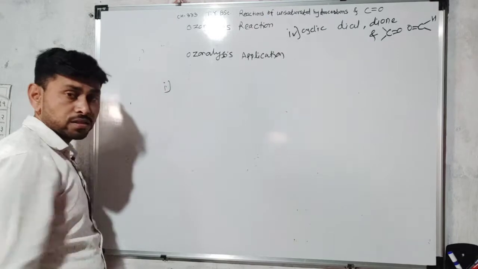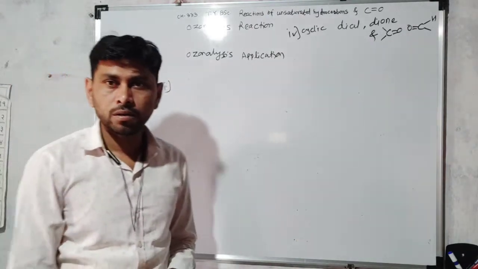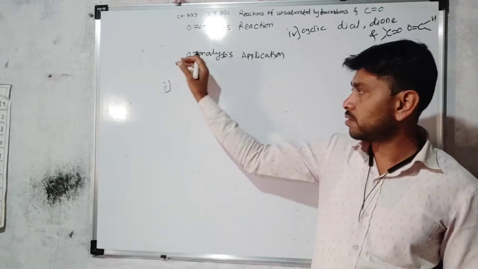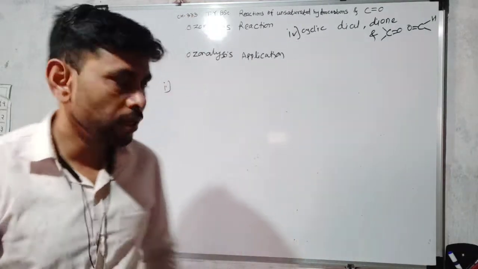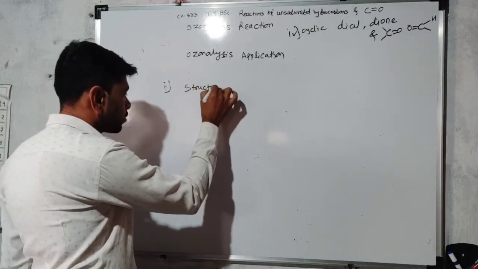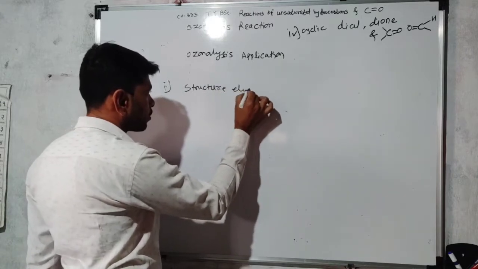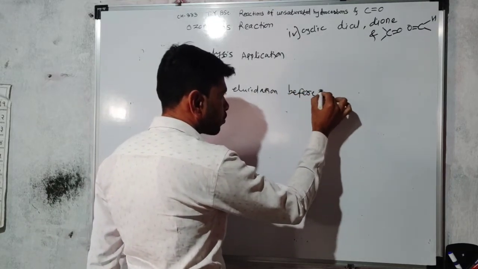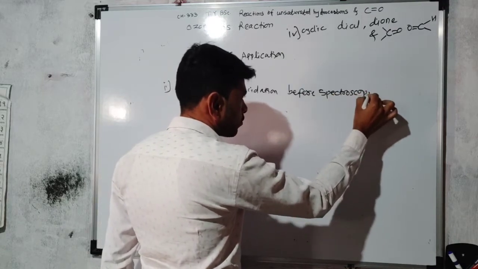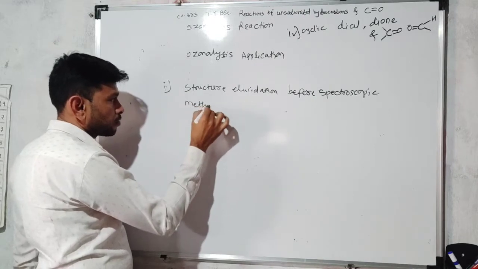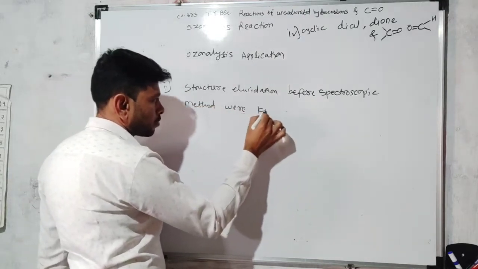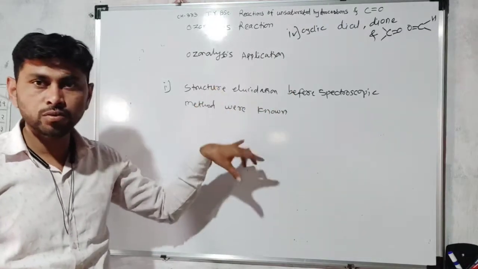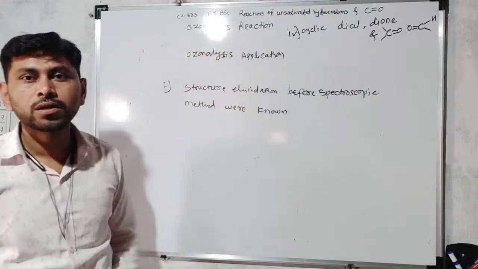The first application is that this method was previously used, before spectroscopic methods were known, for structure elucidation. When we did not know about spectroscopic methods for structural elucidation, ozonolysis was used for determination of structure.